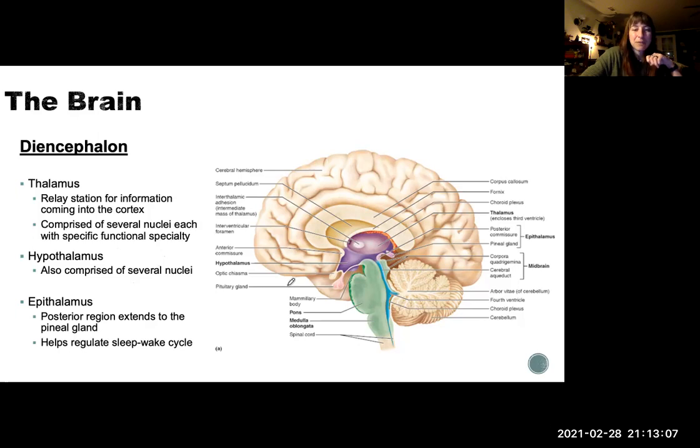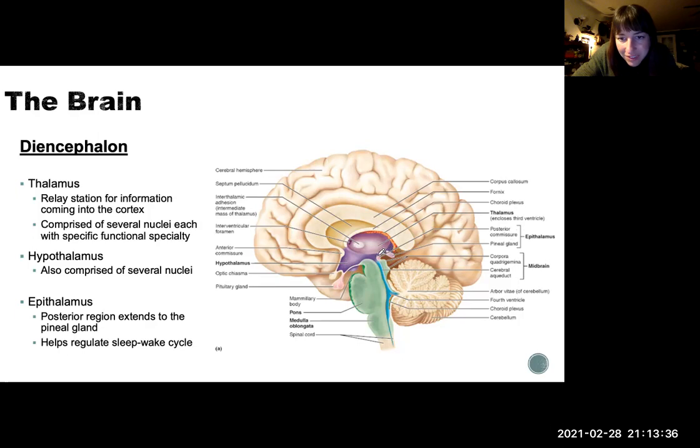The hypothalamus, which we're going to talk about more in a slide next, is, according to the name, as you might guess, below the thalamus. Okay, it's hypo as in it's below the thalamus. So that's going to be down here. The thalamus is up here. Hypothalamus is down below. And the epithalamus, as you might guess, is above. No, it's not. Sorry.